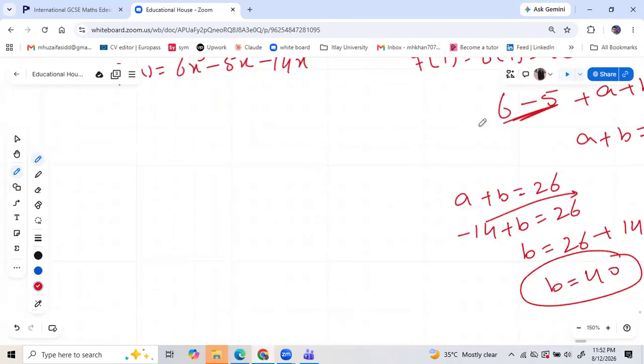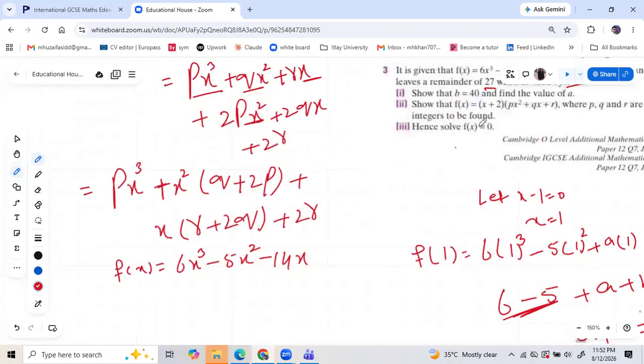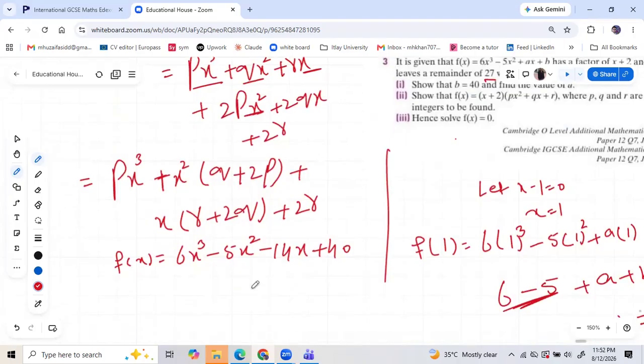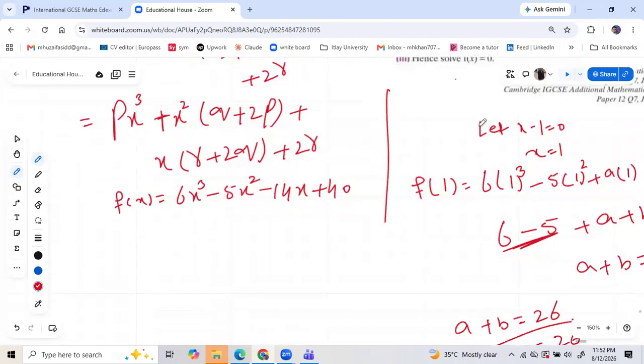The value of b is 40, which we already found, so plus 40. Now we are comparing the coefficients for x cubed.